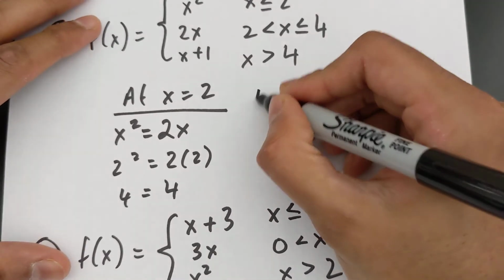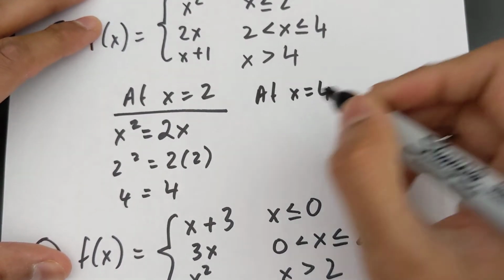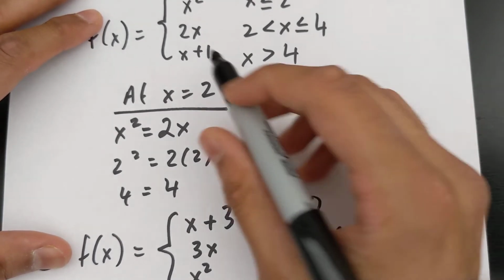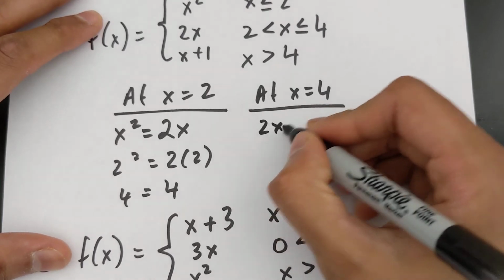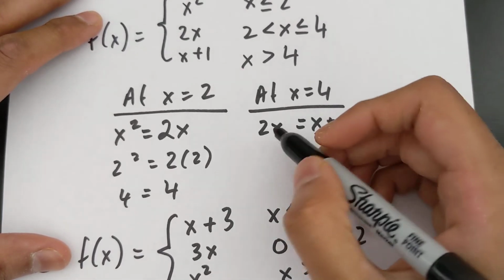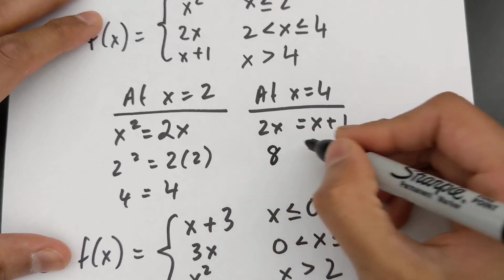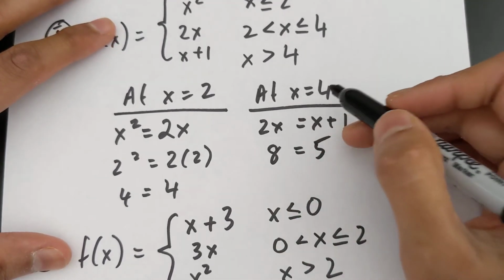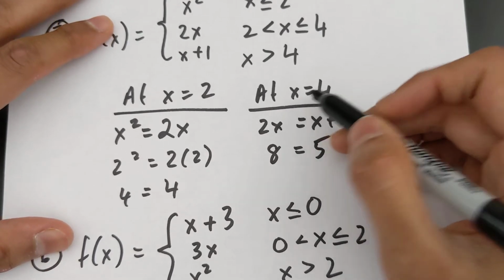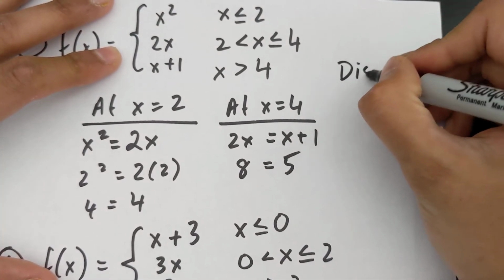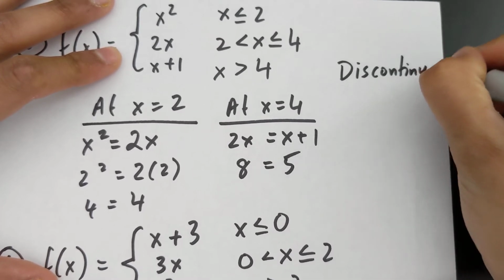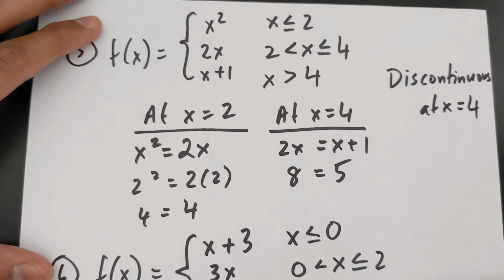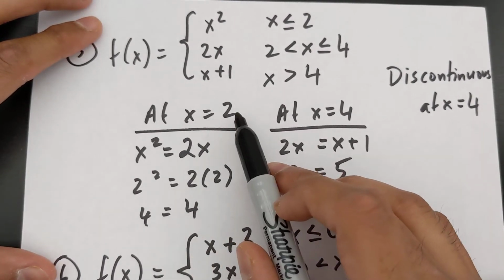But now I'm going to try it at x equals 4. So at x equals 4, I'm going to match these 2 functions, so 2x equals x plus 1. 2 times 4 is 8. 4 plus 1 is 5. That's not true, which means that the function is discontinuous at x equals 4. But the function is continuous everywhere else, including x equals 2.